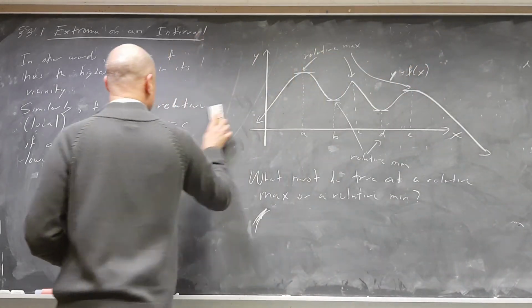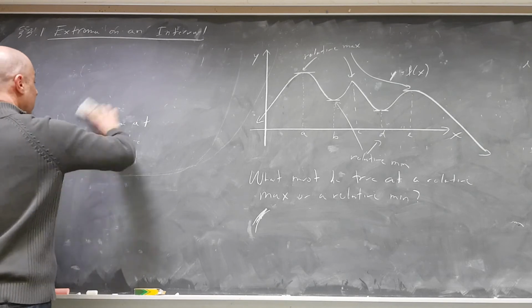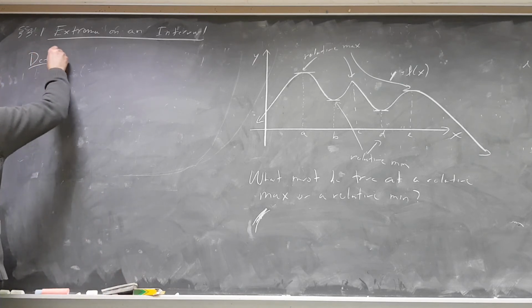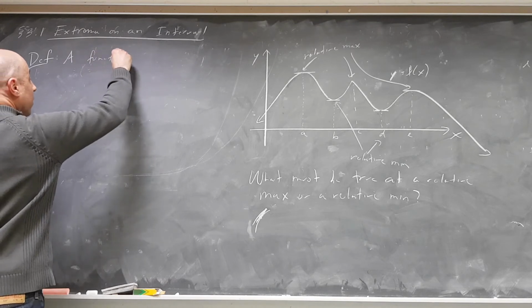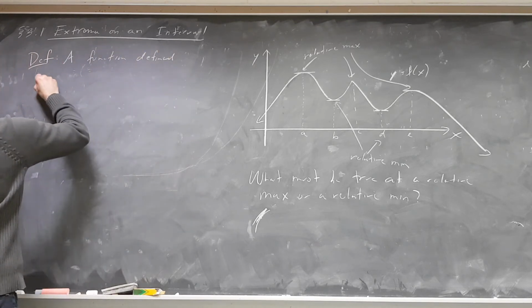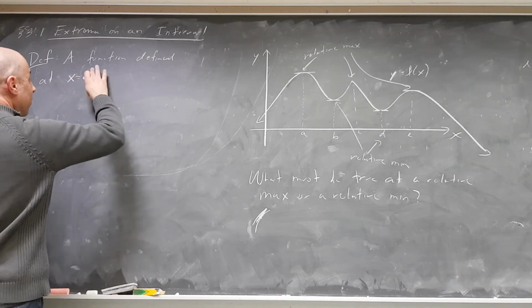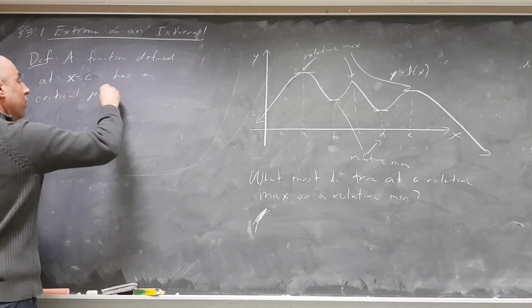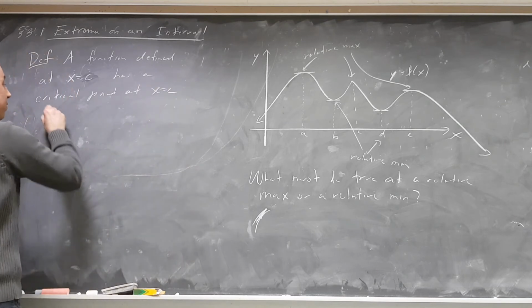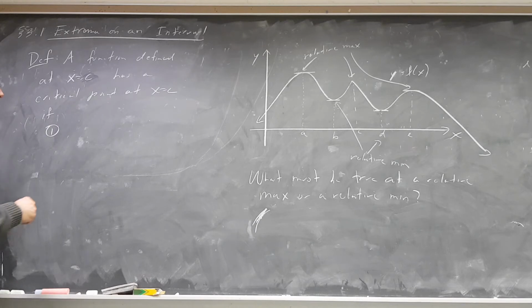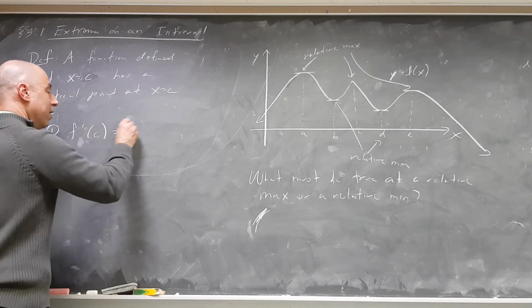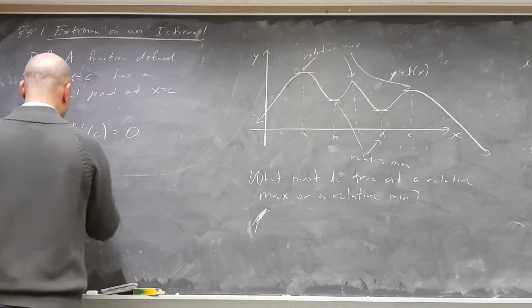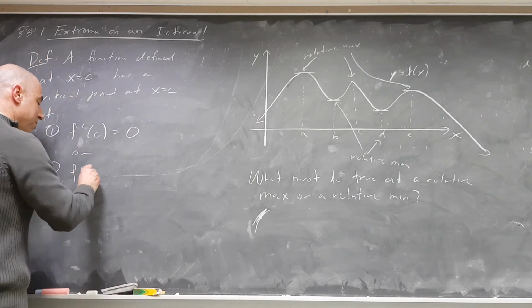So I'm ready to give you the next definition. A function defined at x equals c has a critical point at x equals c if either f prime of c equals 0, if the derivative there is 0, like it is here and here and here and here, or f prime of c does not exist.